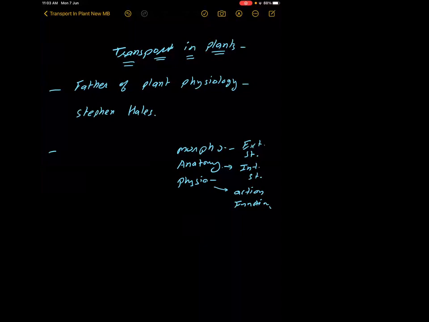Anatomy means internal structure, tissues, like human tissues, epithelia, blood, bones. Physiology means action, or function: in the internal structure, how these organs work, in which way.